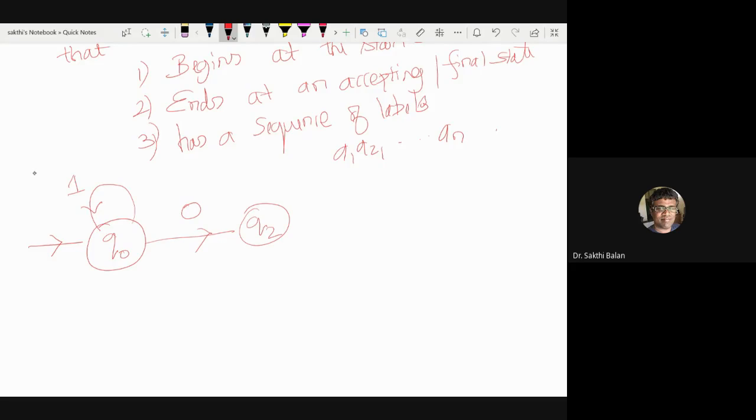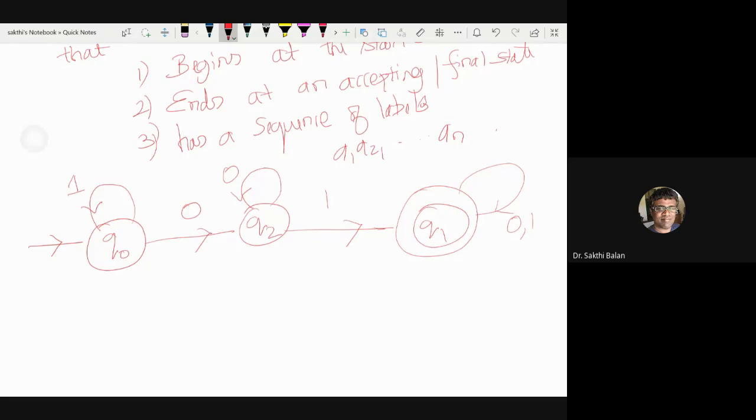And on reading a 0 from Q2, it will remain in Q2 itself, and then on reading a 1, it will be in the final state, that is Q1. From Q1 it can read whatever symbol, 0 or 1, it will remain in the Q1 state itself. So this is one automata.